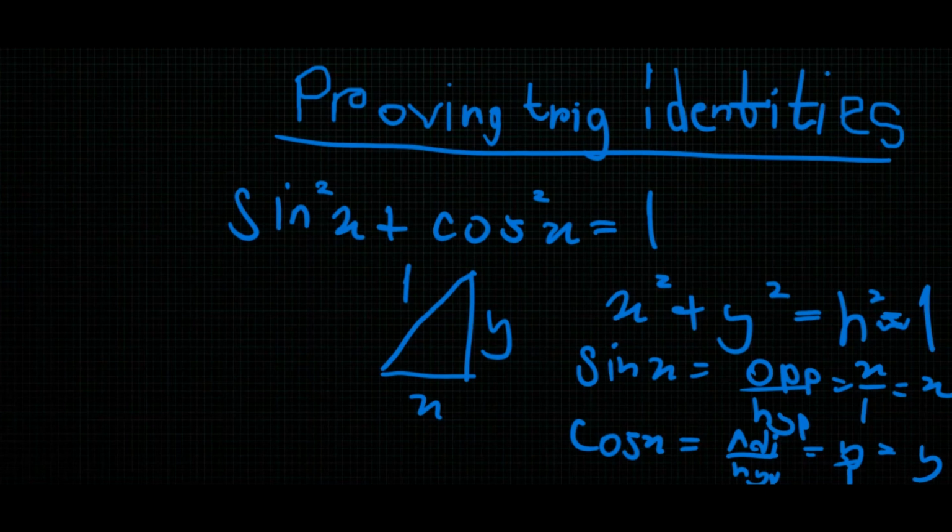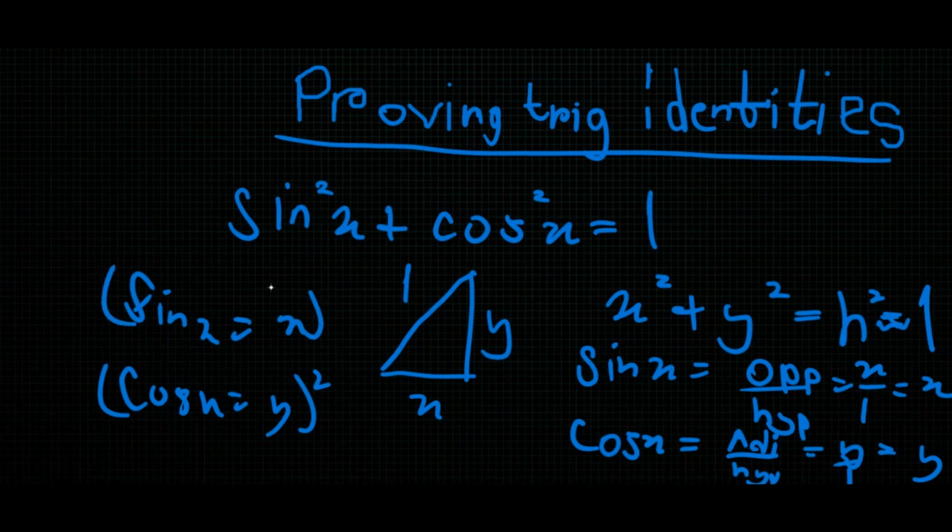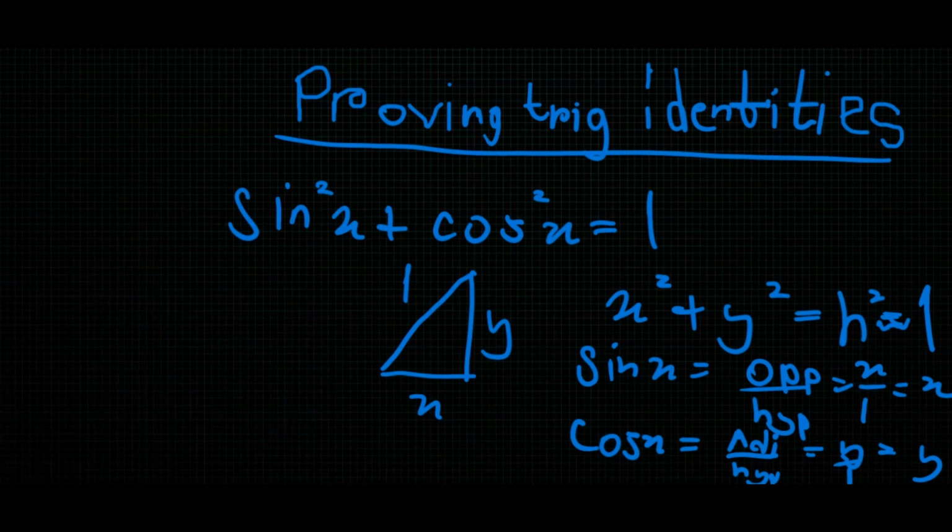And if we square sine x and cosine x, we will get sine squared x equals x squared and cosine squared x equals y squared.